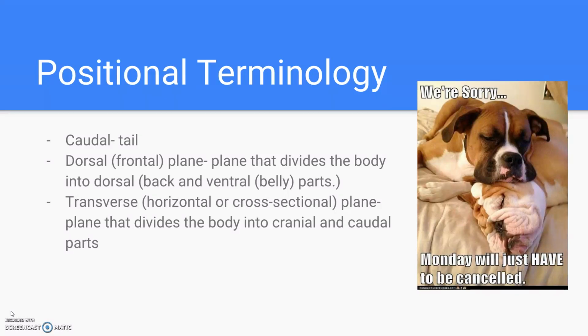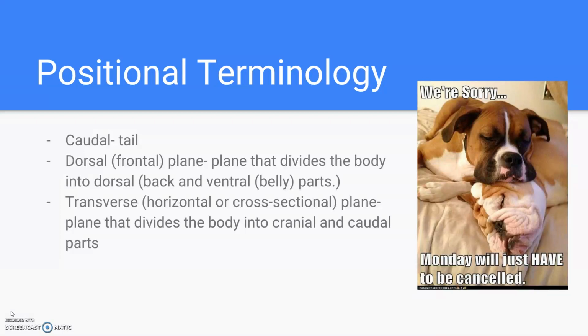Alright, so this is a plane that, if you can imagine this, it kind of bisects the animal's body through the chest so that it divides it into the back and the belly. So the back would be on top of the dorsal plane and the belly would be on the bottom of the dorsal plane.